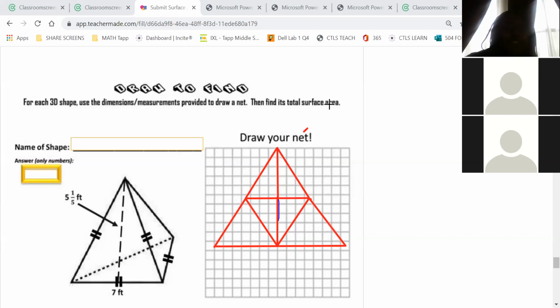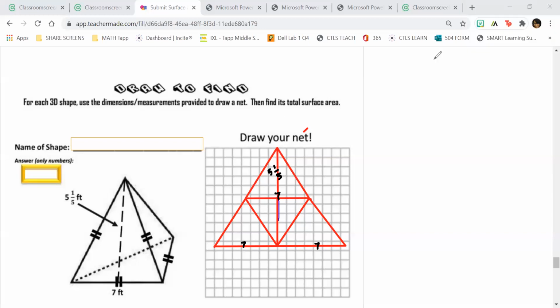And so now I'm going to fill in the data that I know about these triangles. So I know that the base is 7 of each of these triangles. And I know the height is 5 1/5. But in order to do this, before I can even get started on doing my math here, I have to change this 5 1/5 into an improper fraction.